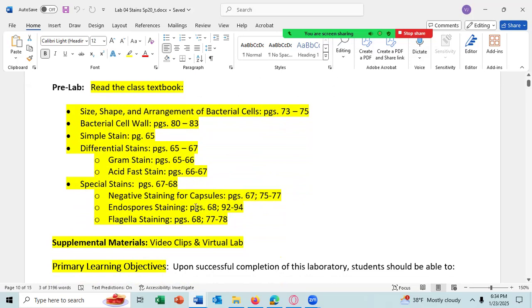There's the endospore stain, which stains endospores, and that's on page 68 or page 92 to 94. There's also the flagella stain, and that's on page 77 to 78.